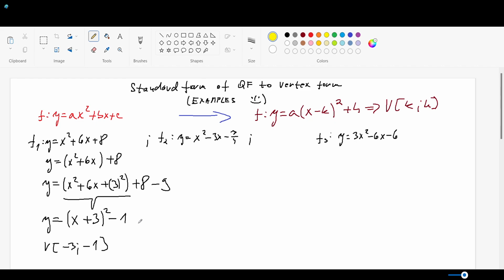So how can we rearrange this expression? The answer is very easy. It can be written as x minus, and as we want to have the positive 3, it means negative 3, so minus negative 3, which is plus 3, squared, minus negative 1. That's why you can see from here that the first coordinate of the vertex is negative 3 and the second coordinate is negative 1.